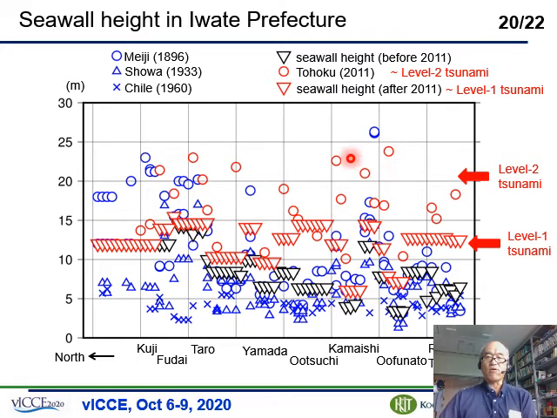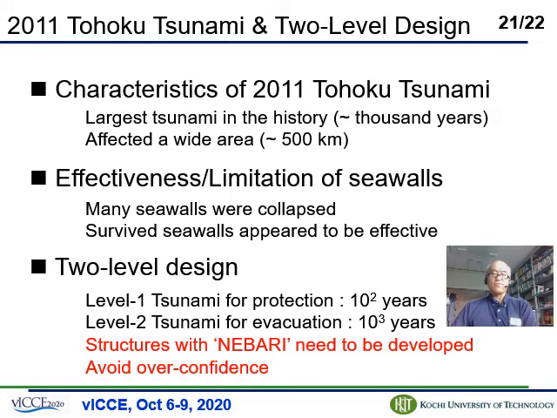And the data of the 2011 Tohoku tsunami will be used as the level 2 tsunami, which is more than 20 meters. In this way, the two-level design concept is being achieved in Japan.